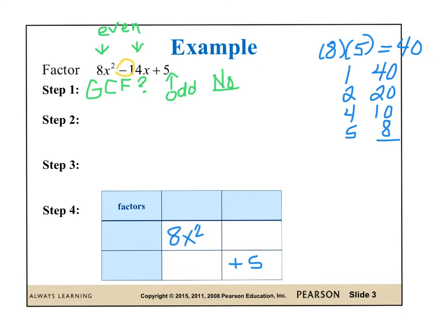But because we also realize that this is a positive product, the signs of our terms have to be the same. And so in order to get a negative sum from two terms, they're going to have both negative signs. Otherwise, our product won't be positive.